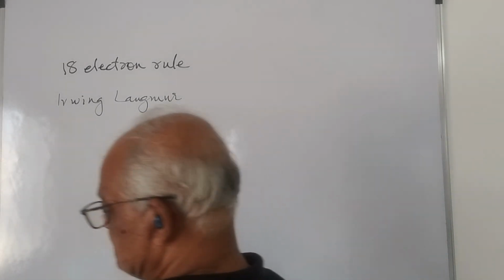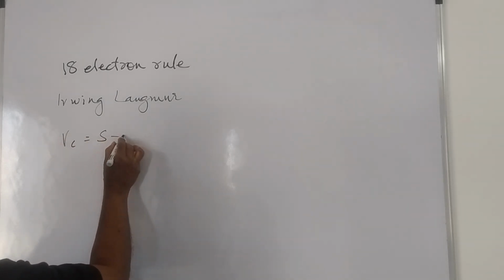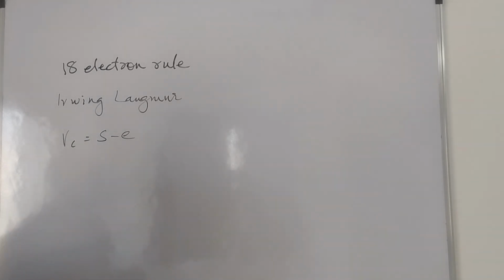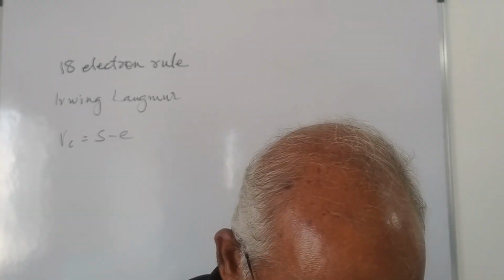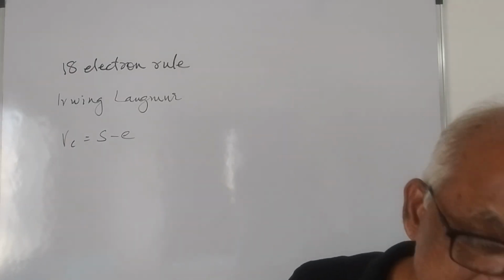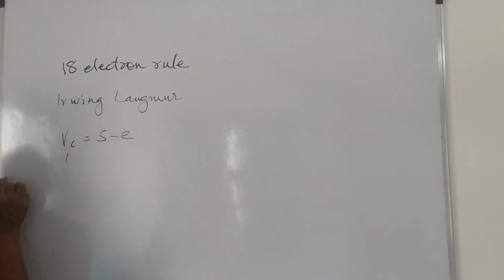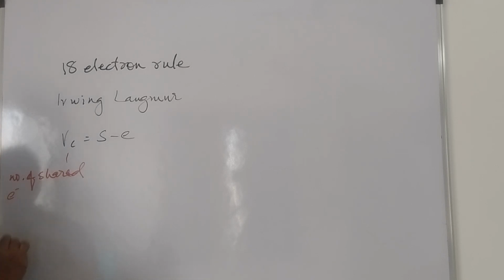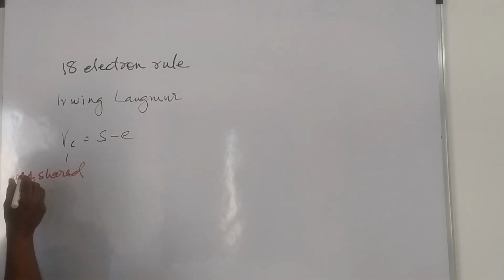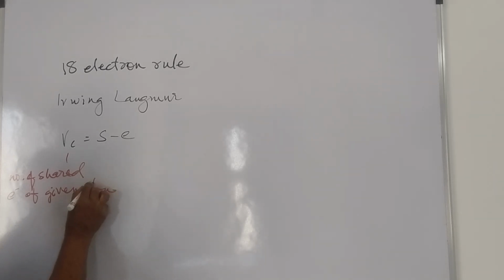He derived the equation which is called Vc is equal to S minus E. Here Vc is the number of shared electrons by the metal ion of a given atom in a compound.